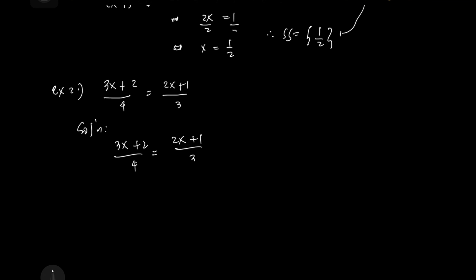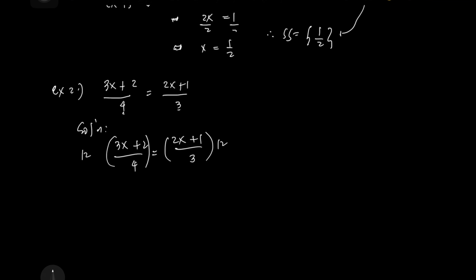The best way of doing it is finding the LCD of the denominators. Our denominators are 4 and 3, and the LCD for that is 12. So we can multiply 12 on both sides by the multiplication property of equality.